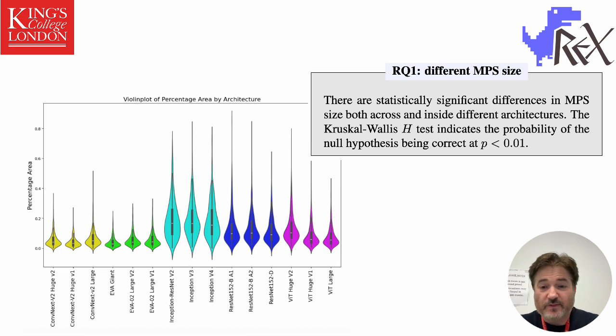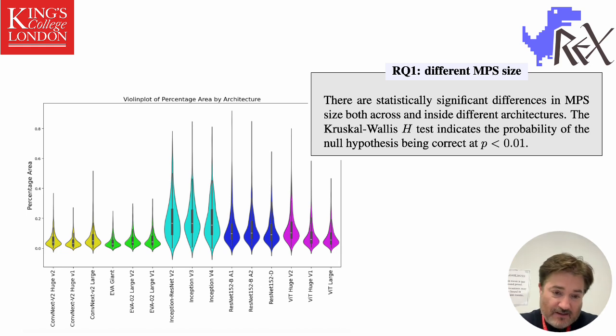In our experiment, we took 15 different models, representatives of 5 broad categories of model with 3 models within each category. On the y-axis, you can see the percentage of the total area which is occupied by the MPS or causal explanation. Smaller obviously indicates very small explanations.